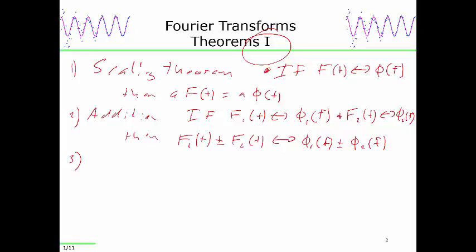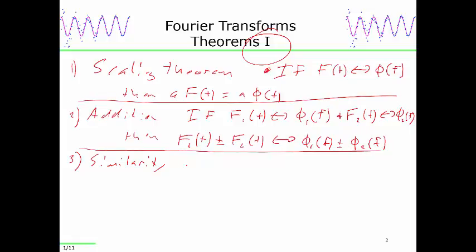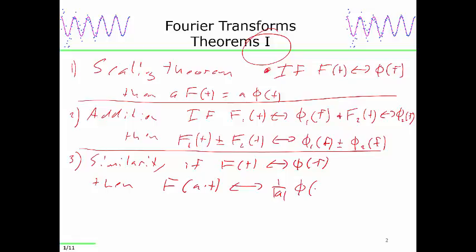Third one, similarity. Again, if we're starting out with a Fourier transform relationship between f and phi, then f of a times t is 1 over a phi of f over a.